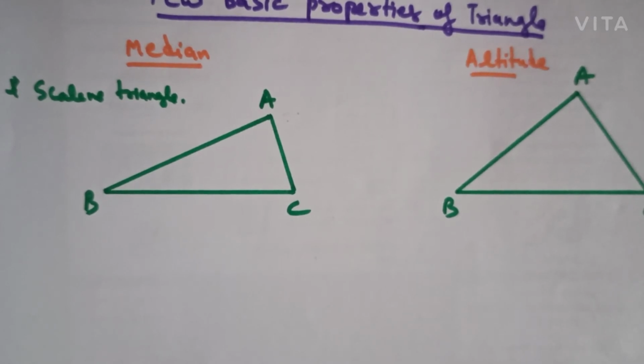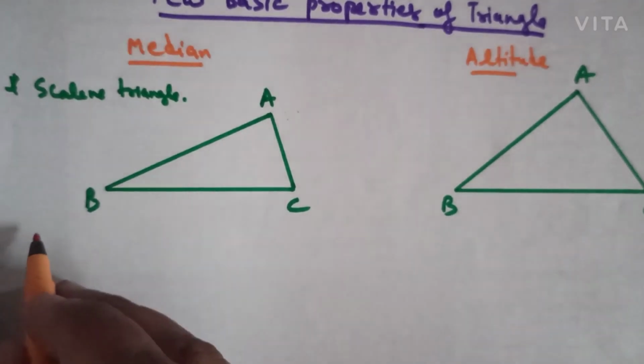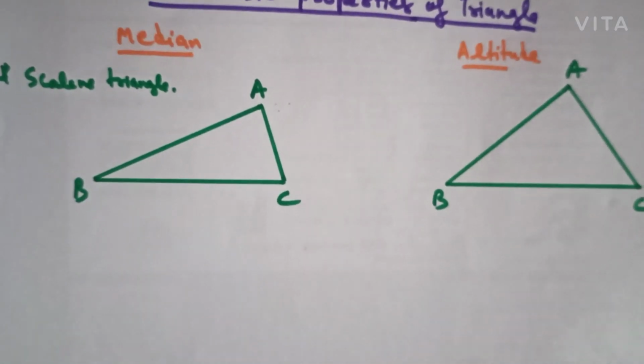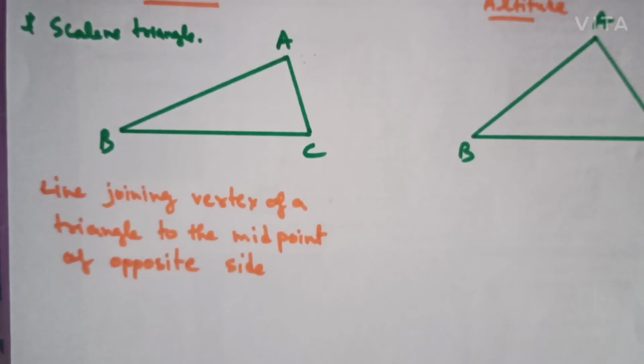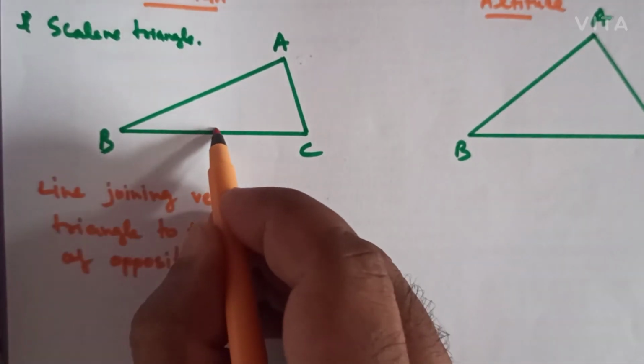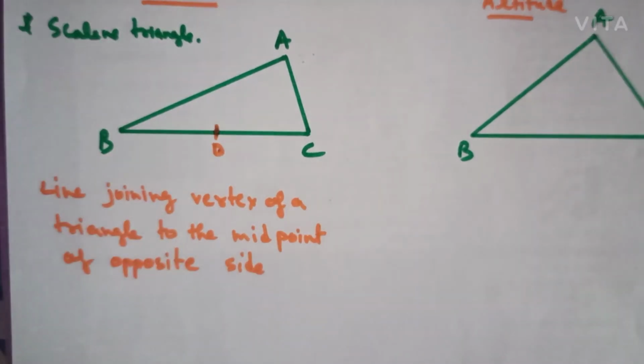If we draw a median, what is a median? A median is the line joining a vertex of the triangle to the midpoint of the opposite side. Mind it, the midpoint of the opposite side. So let us draw. Suppose D is the midpoint of BC.